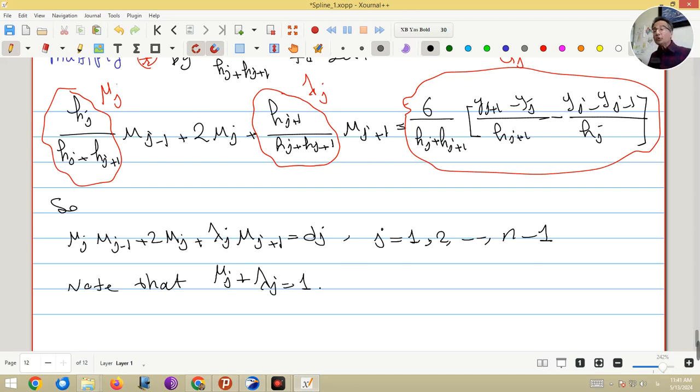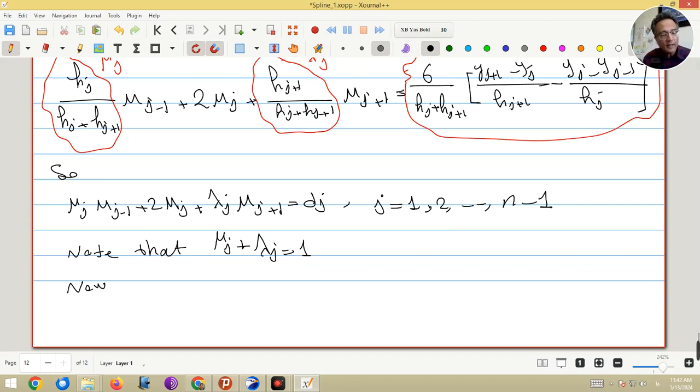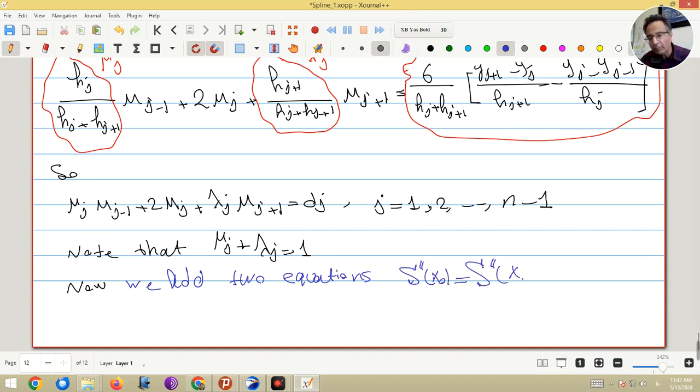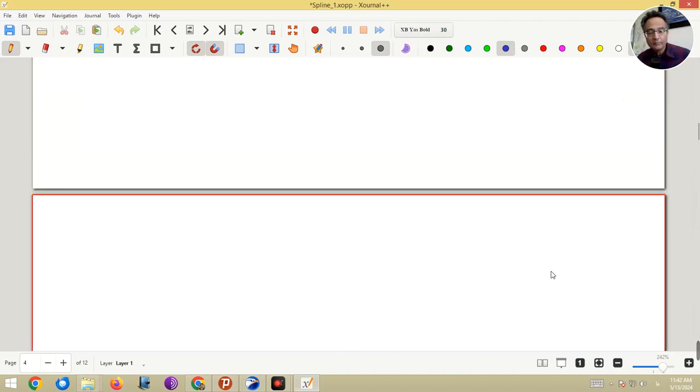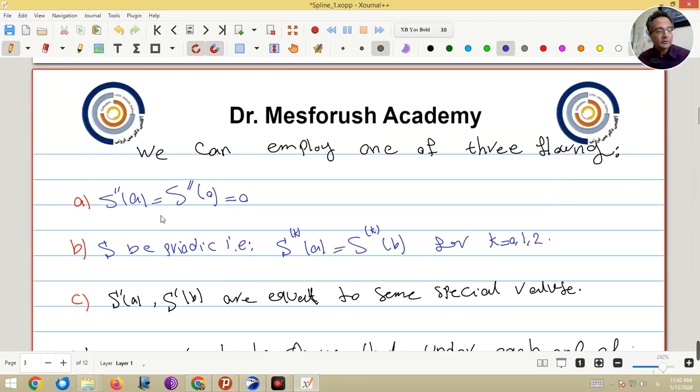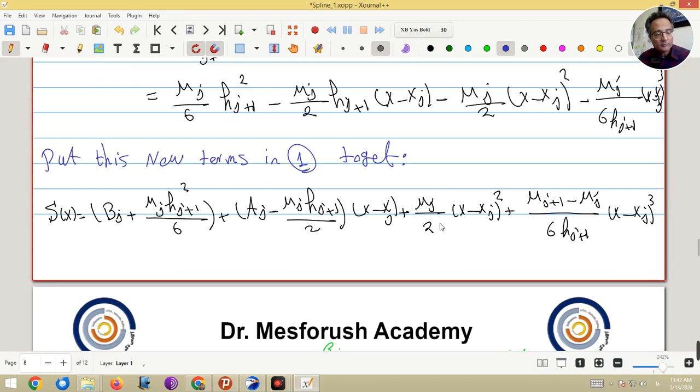Now for two more equations, we add the conditions s double prime at x_0 equal to s double prime at x_n equal to 0.